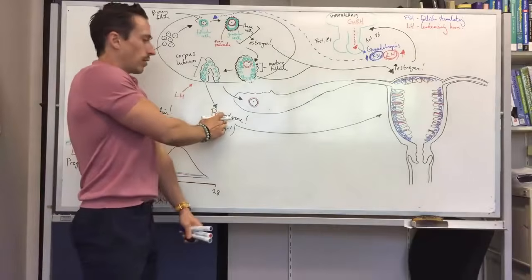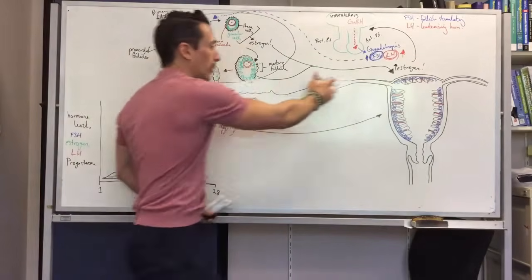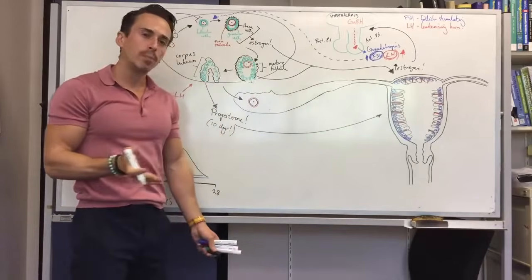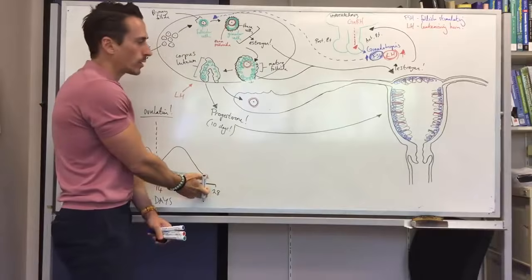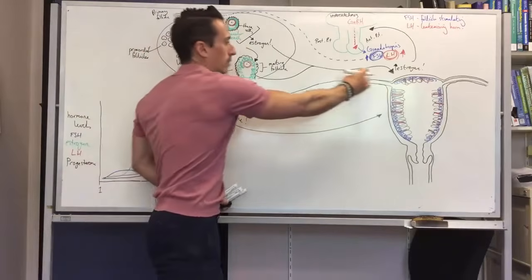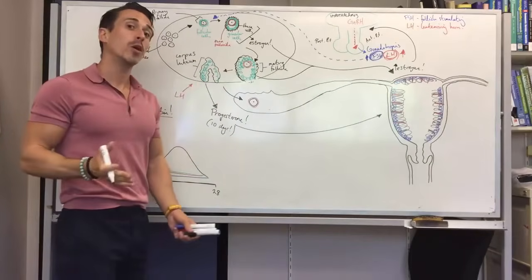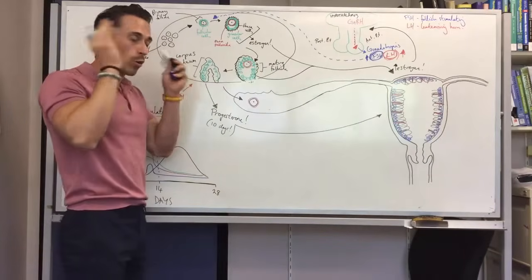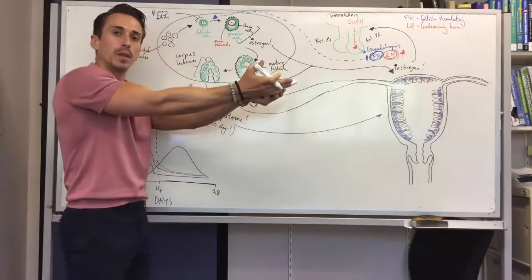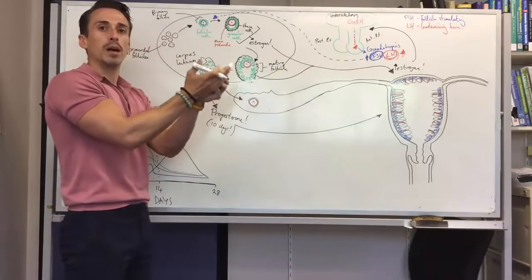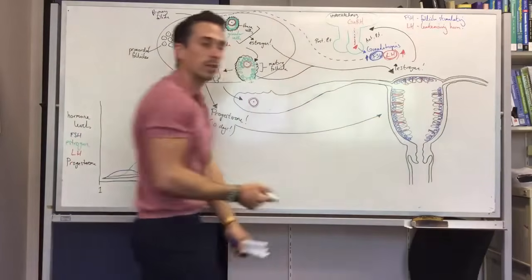Now, for 10 days, because think about it, if no sperm comes to fertilize the egg, what happens at the end of the 28 days? Menstruation occurs. So let's talk about that very quickly. No sperm has come in. Do you think this corpus luteum has any idea that no sperm has come in? It has no idea. So what it thinks is going on is, okay, I've released the ovum, and that ovum is going to get fertilized by sperm and then implant itself into the endometrial wall.